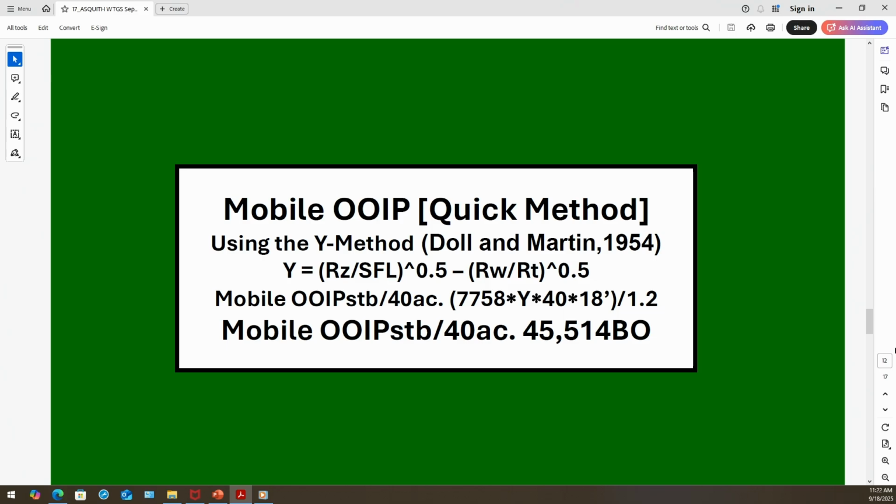If you have an RXO log, that would be RMF over RXO minus RW over RT to the 1/2. Then you put that into your mobile OOIP equation, which is 7758 times H times Y times your 40 acres times your thickness, 18 feet, divided by a BOI of 1.2. Of course, you get exactly the same answer, a little over 45,000 barrels of mobile oil.